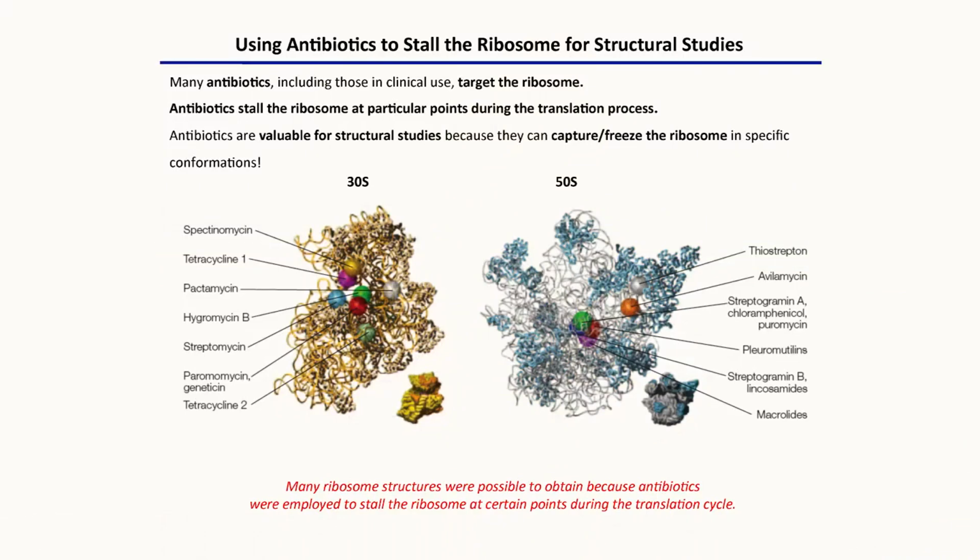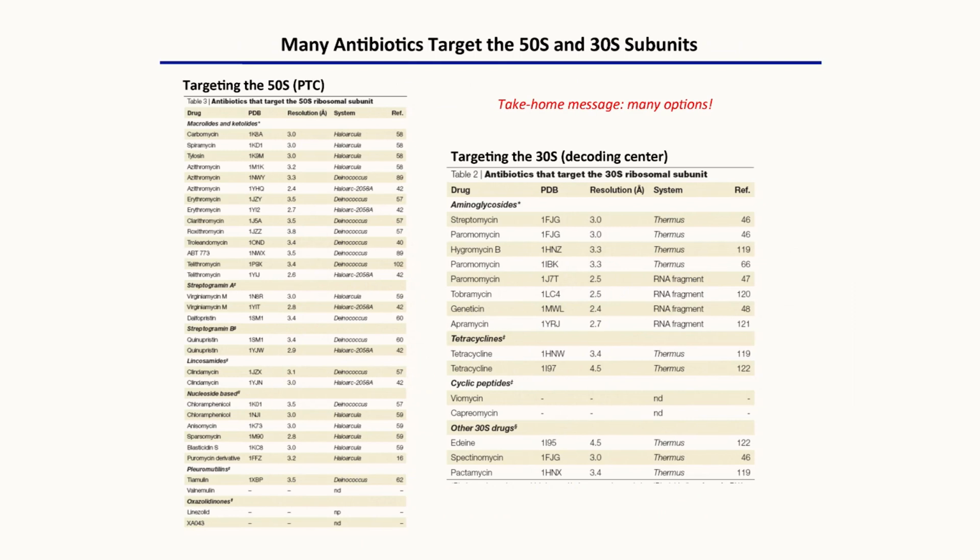And if we just look at a 30S subunit and a 50S subunit and take a handful of antibiotics that target the ribosome and see what we know about where they bind, we can make maps like these ones here. And we can consider larger lists. You're not responsible for these details at all. Just the take-home message is that there's many options and an extensive toolkit.